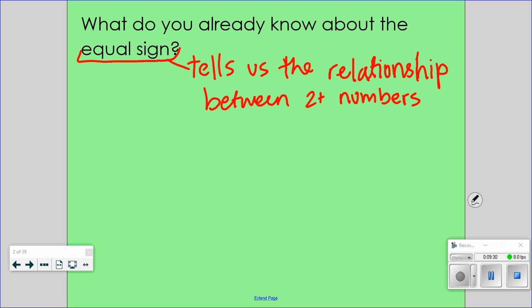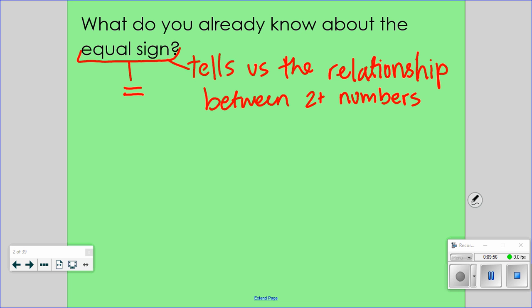We know what the equal sign looks like, right? Our equal sign looks like this. Our equal sign is exactly describing the relationship between some numbers.